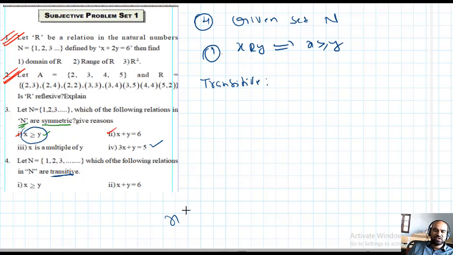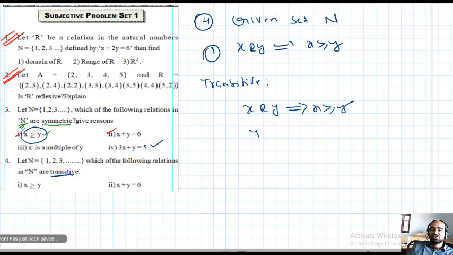How to check transitive? X related to y and y related to z should imply x related to z. One by one. X related to y implies what? X greater than or equal to y. Next, y related to z means what? Yeah, y greater than or equal to z.